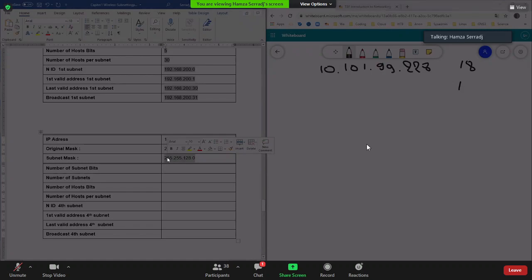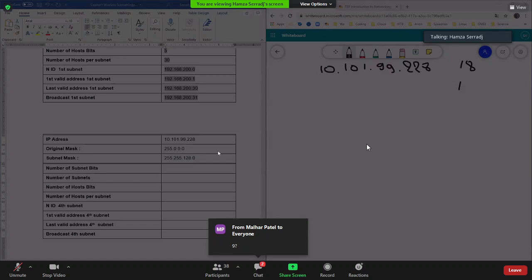So how many bits did we borrow here? 9. Good, Malhar. Yeah, of course. We borrowed 9. Here it was /8, and after I added an extra 8 and 128. 128 means in the third block I pushed 1.